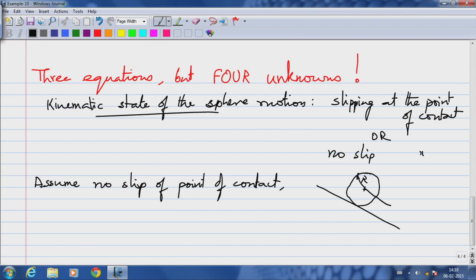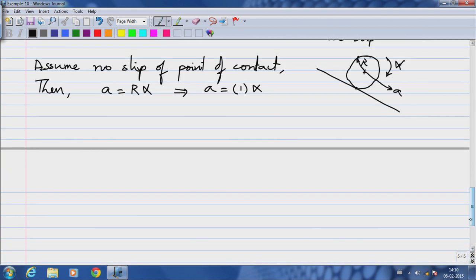If the center of mass moves with an acceleration a and an angular acceleration alpha, these two quantities cannot be unrelated, because at this point of contact there is no motion. So, when there is no slip, then a equals R alpha, which for this particular case says a equals 1 times alpha, 1 being the radius of the sphere. So, this gives us our much needed fourth equation.